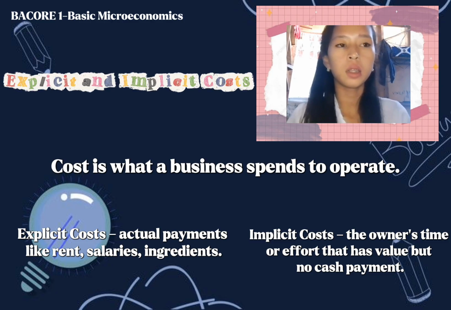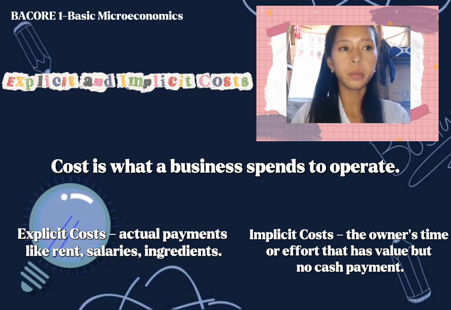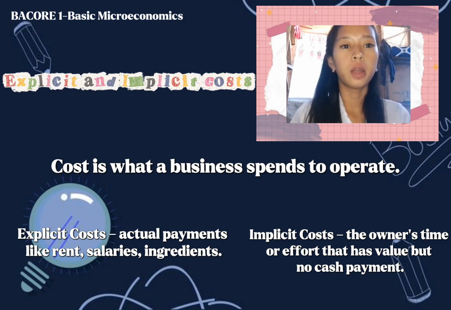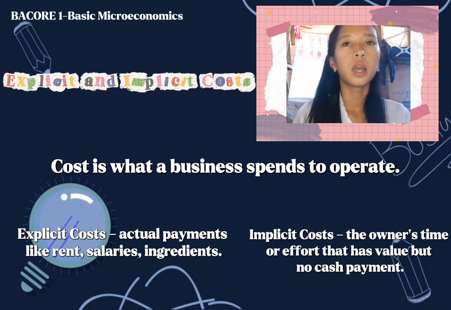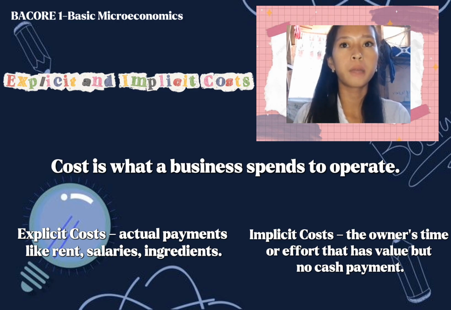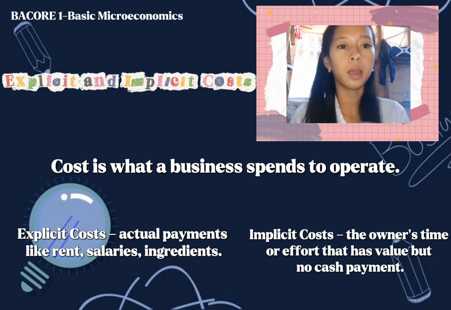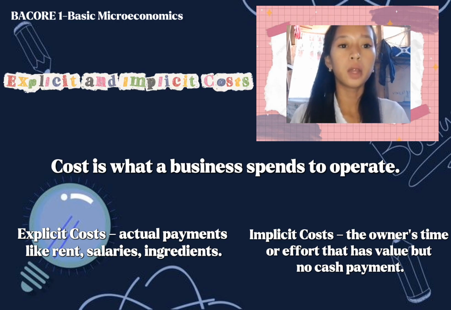So, ang implicit cost daw kuno is ang owner's time or effort. So, ang kuan daw kuno ani is naay trabaho ang usa ka owner nga dako kay siya income but ipili niya mag-run og business. So naani siya value but wala ni siya cash payment.